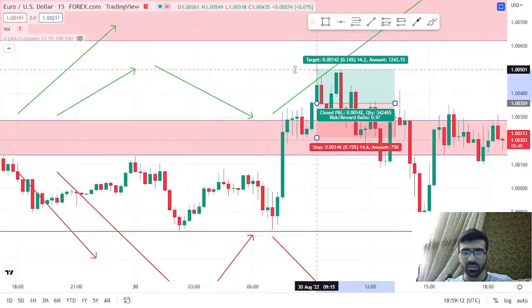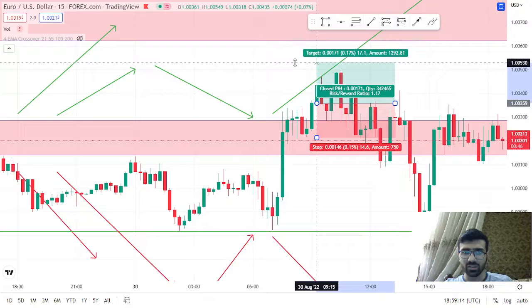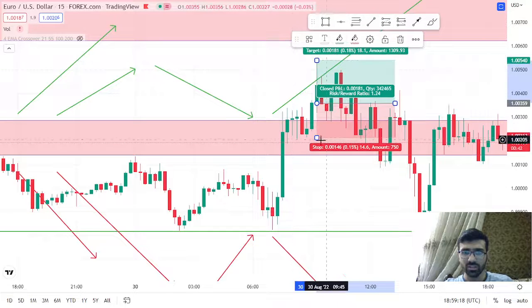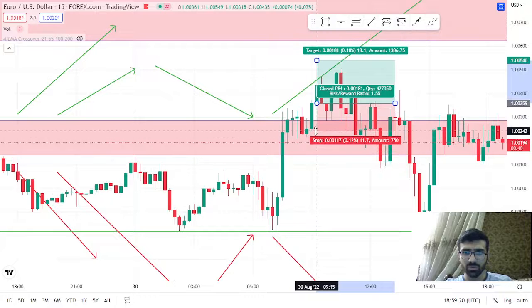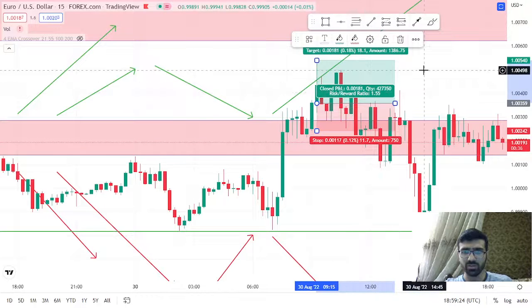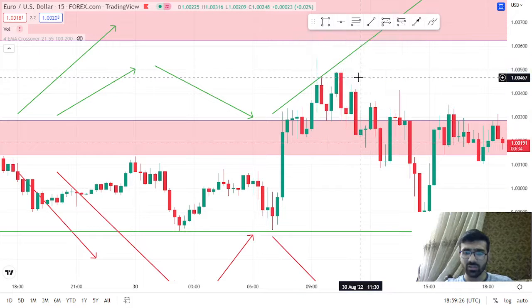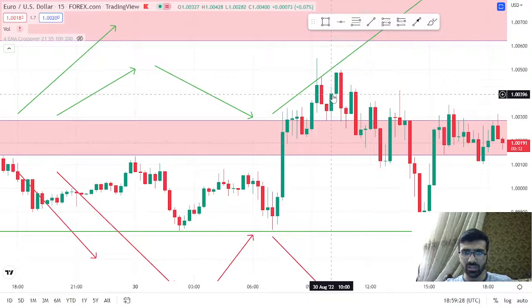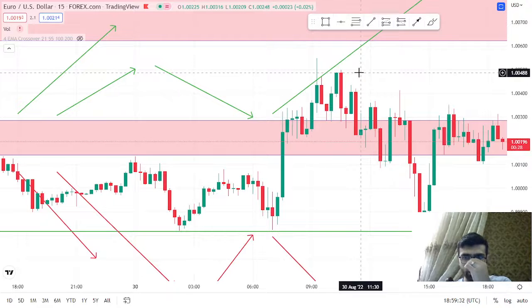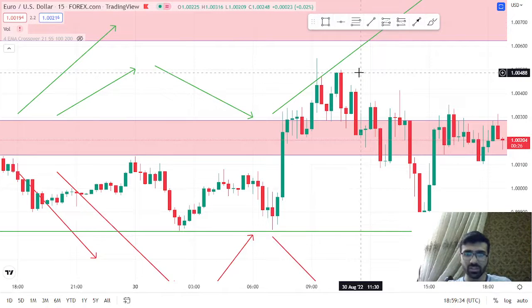As you can clearly see, this was a good buying opportunity. Take profit would be approximately till here, and our stop loss would be approximately till here. So this is a good 1 by 1.5% trade. Our second opportunity was over here, and after that there were no further opportunities created.